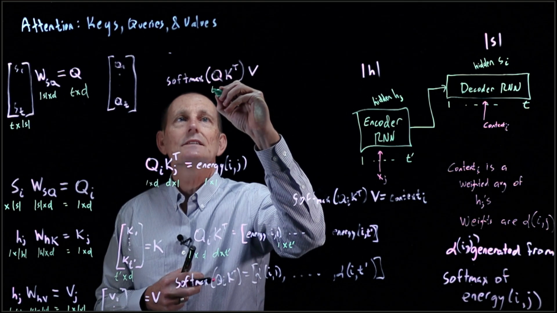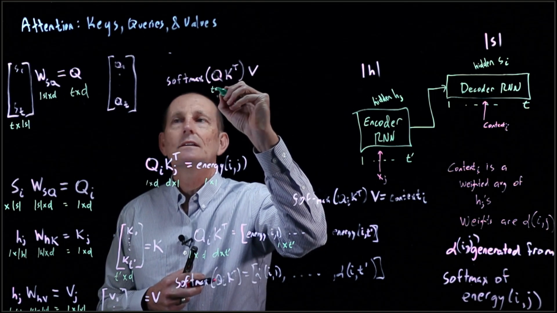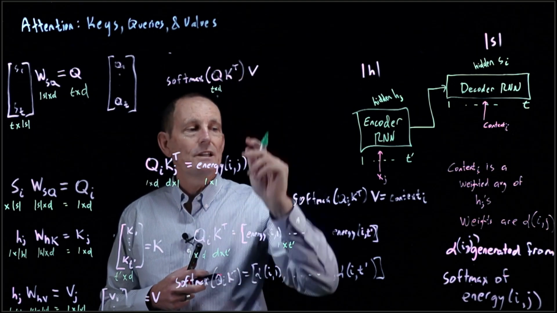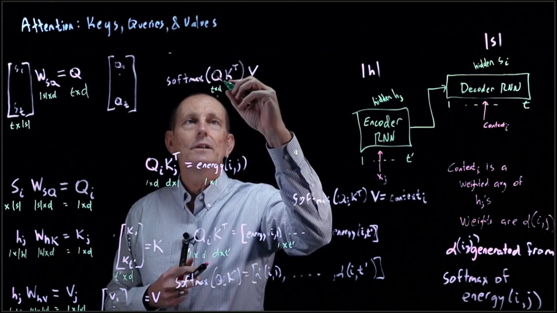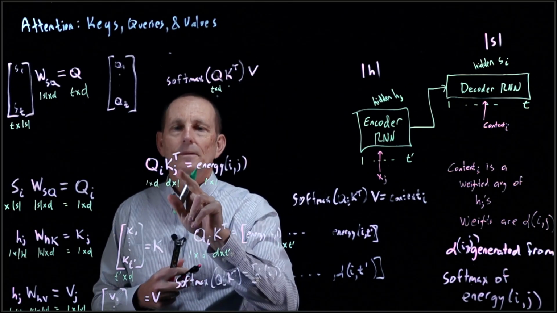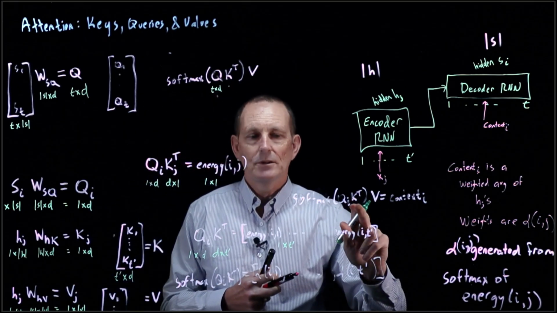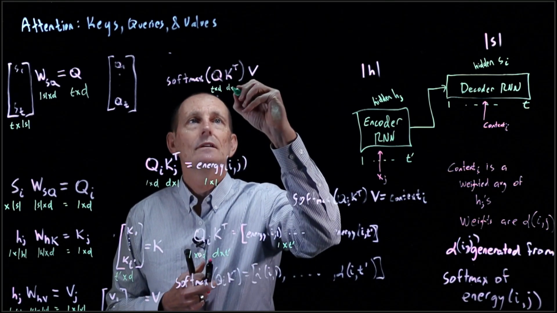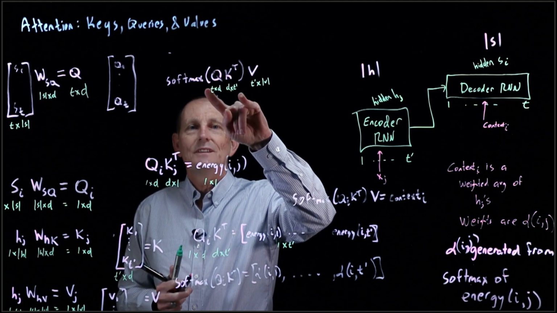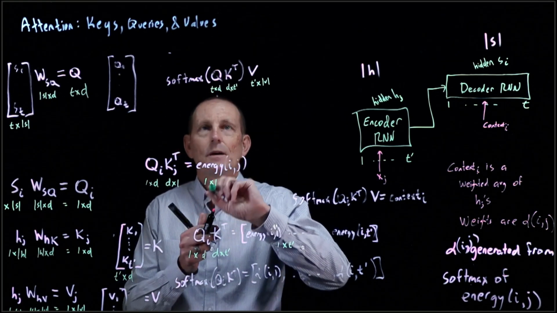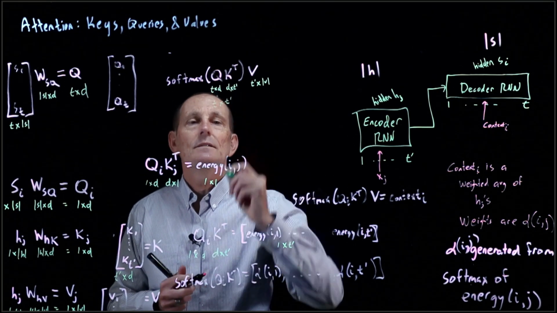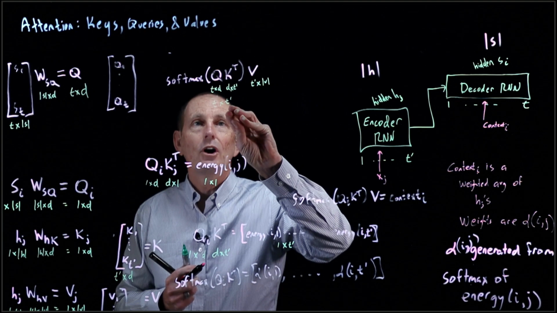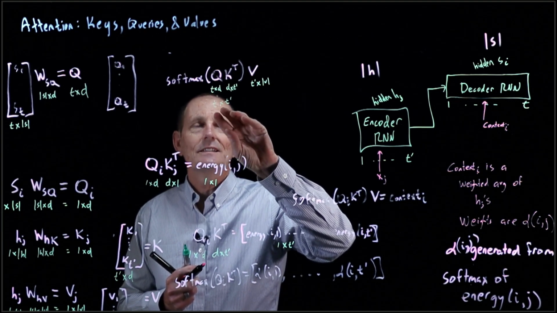Q is a T by S. Sorry, Q is a T by D. K transpose is, sorry, this K transpose is now D by T prime. So we've got this Q times transpose of K, and that's going to give us something of size T by T prime. So really what that's going to be is the entire energy matrix for all possible i's and j's inside T and T prime.